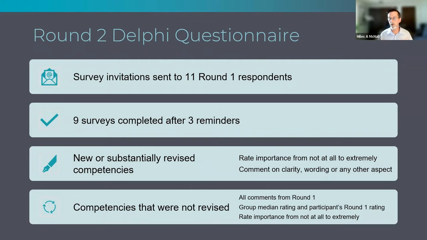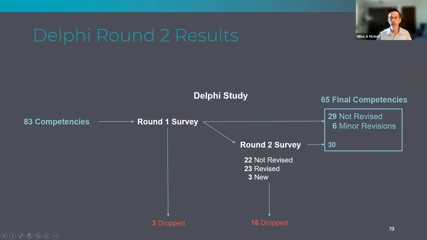And then for competencies that were not revised, respondents received all of the qualitative comments about that competency from round 1. So they got to see how everyone else reacted to it, what they said about it. They also received the group median rating for a competency, as well as their own rating, so they could judge how far from the group consensus they were. And then they were invited to, once again, rate the importance of the competency from not at all to extremely important.